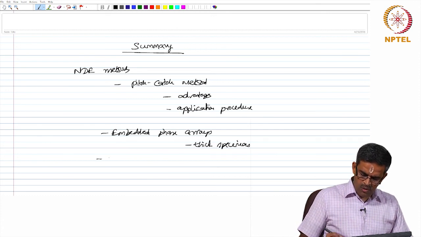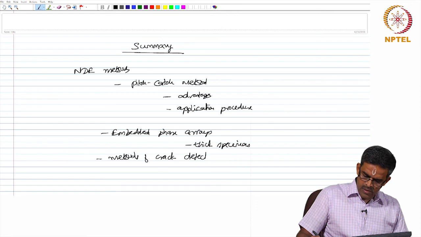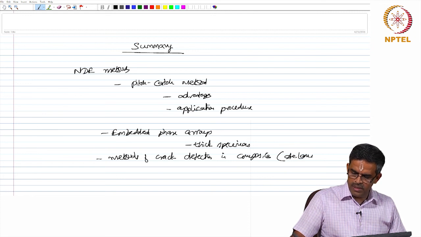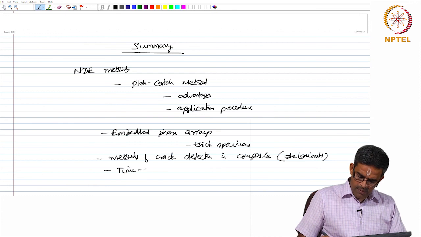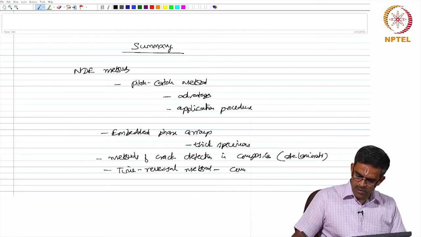We also learnt about methods of crack detection in composites in terms of delamination. We learnt about interestingly the time reversal method, which is useful in complex medium.